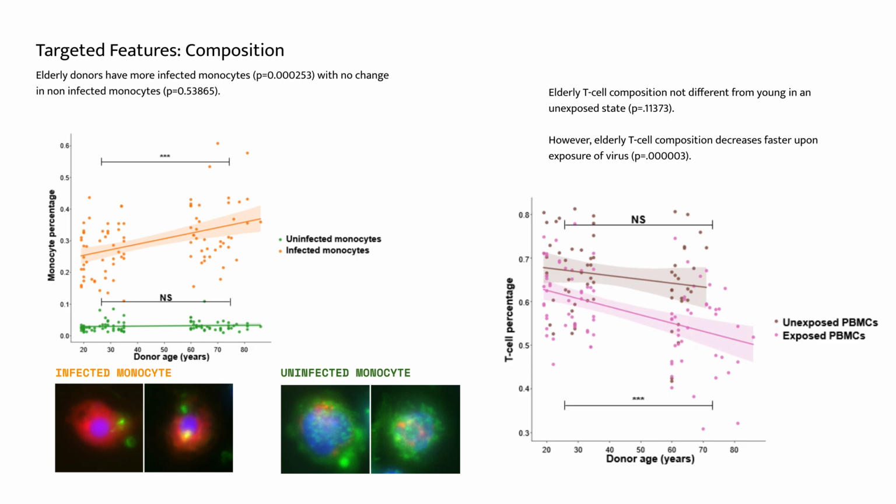The opposite trend is true for the percentage of T cells. Upon viral exposure, the old donors experience a significant decrease in T cells. This decrease is only significant during viral exposure.